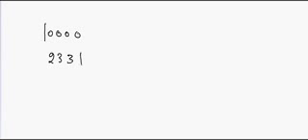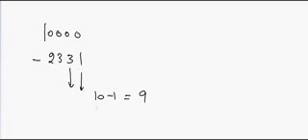The same thing can be done for larger numbers. Suppose I have 10000 and want to subtract 2331 from it. In that case, first I take the 1, so 10 minus 1 is equal to 9, and I take the 3, so 9 minus 3 is equal to 6.